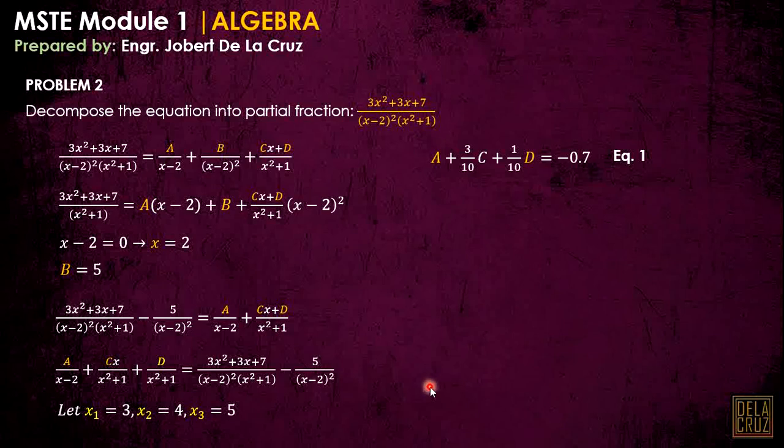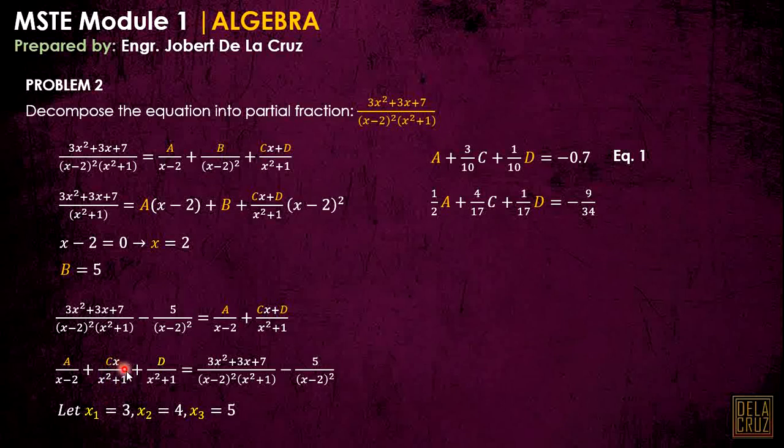Now, another value of x, when x is 4. Again, we substitute this to the original equation. That will be A over 4 minus 2, or 1 half of A. Then this one, 4 over 4 squared plus 1, 4 squared is 16, plus 1 is 17.